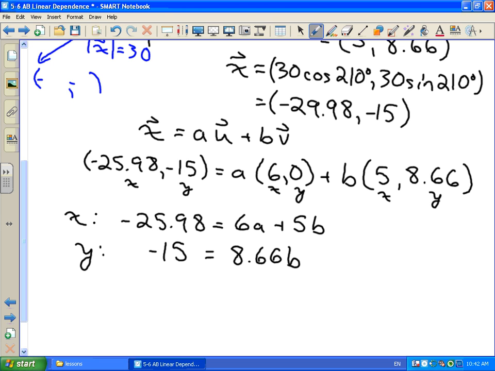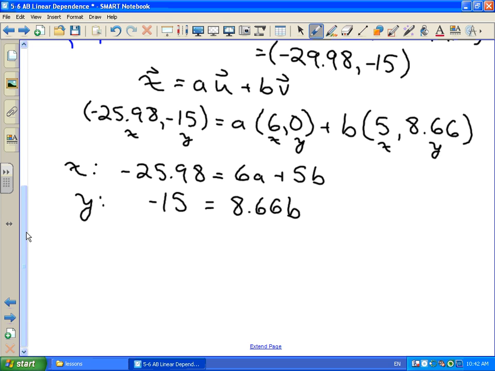This one's even easier to solve. We can solve that y equation directly. So b is going to be negative 15 divided by 8.66, which is going to give us negative 1.73.